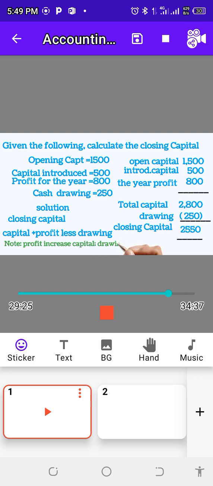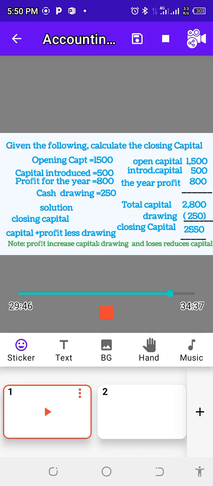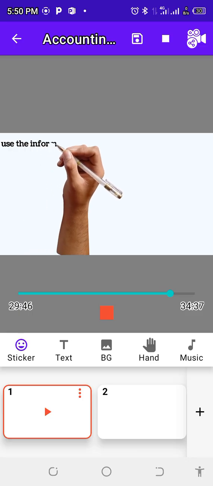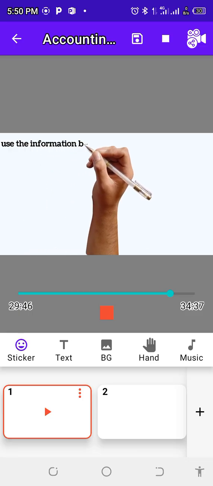Drawing and losses reduce capital. Have this in your mind. Those are objective questions. Profit increases capital, yes or no? Drawing reduces capital, true or false? Losses reduce capital, true or false? And this is the last question in this tutorial.